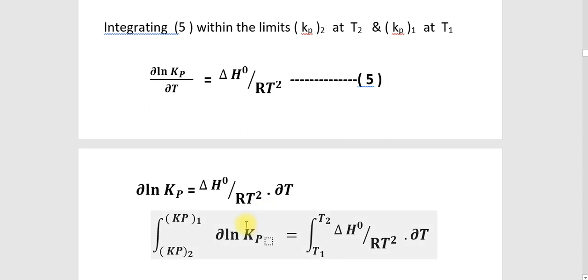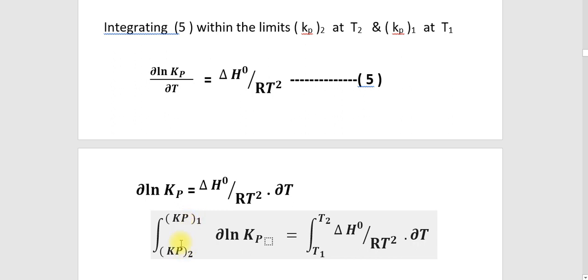I wrote it as ∂ln Kp is equal to ΔH0 by RT square into ∂T; I brought ∂T to this side. Then apply the integral within the limit Kp2 at Kp1.